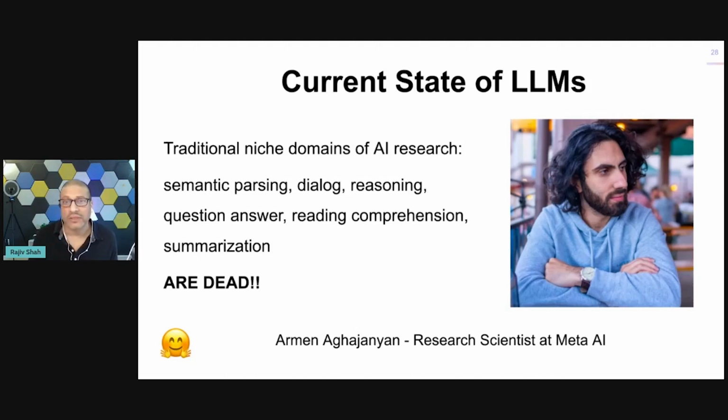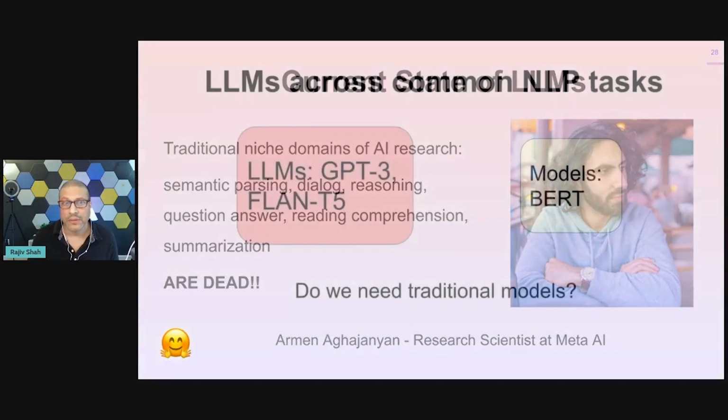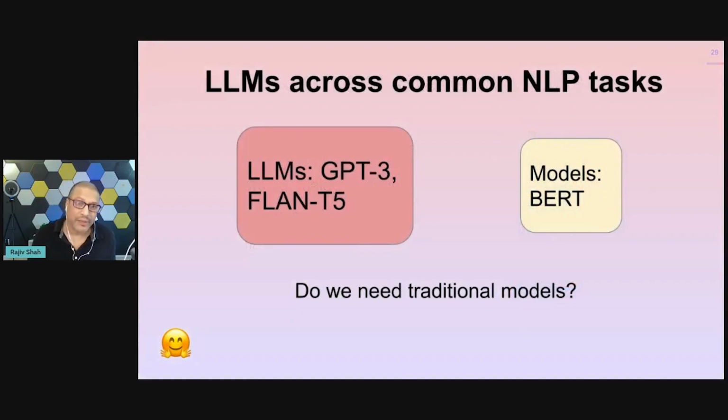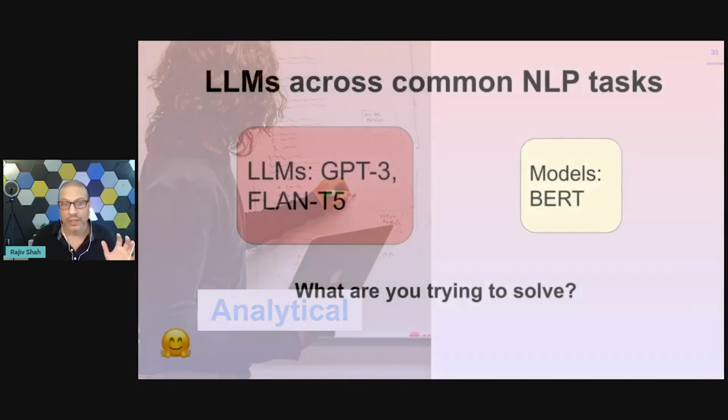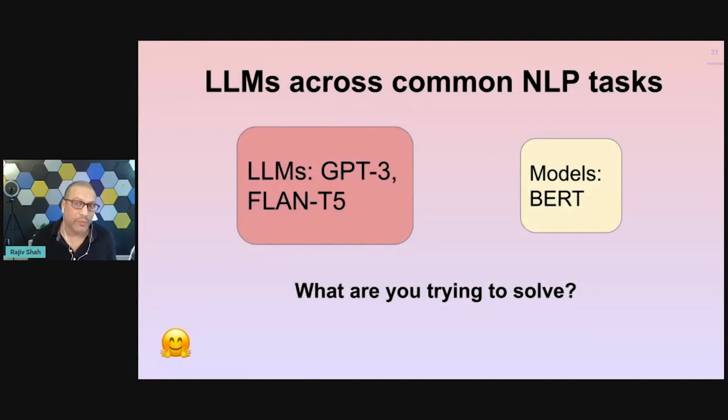Large language models have subsumed and broken the benchmarks in these areas. So you might think, oh boy, do we even need traditional models at this point? And this is where I say, let's not get caught up. Let's bring our cold, dispassionate analysis to this. Let's think about what problem we're trying to solve.